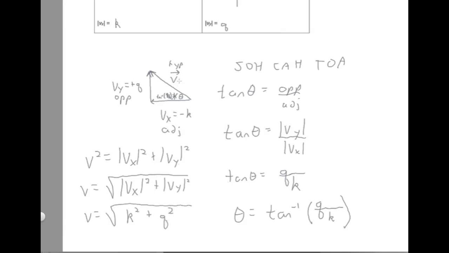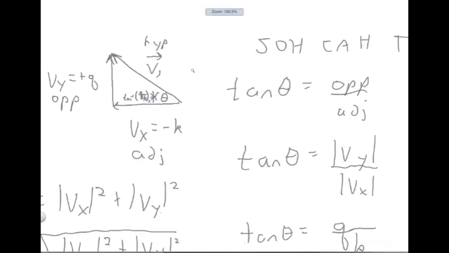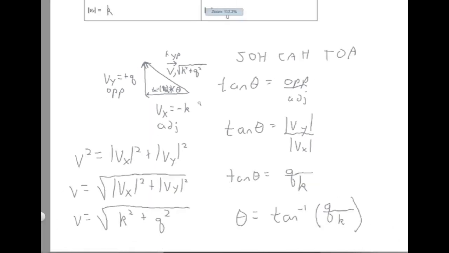Okay, so then we have that this hypotenuse is square root of K squared plus Q squared.